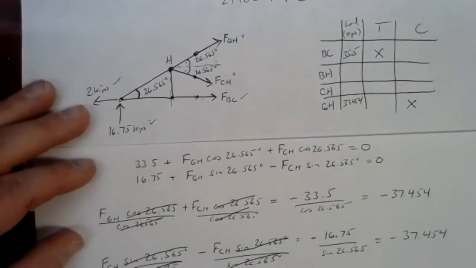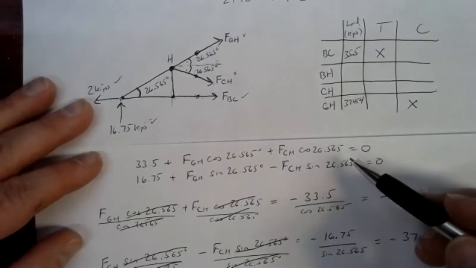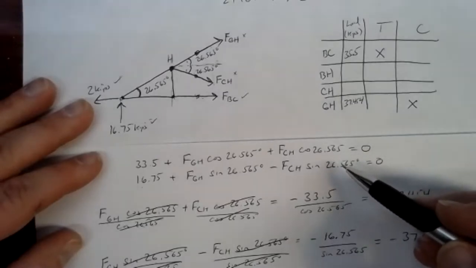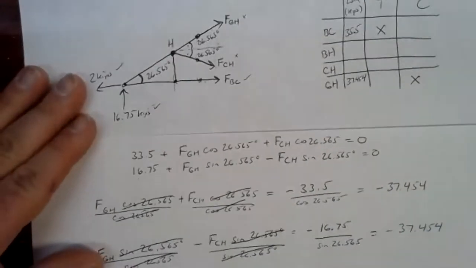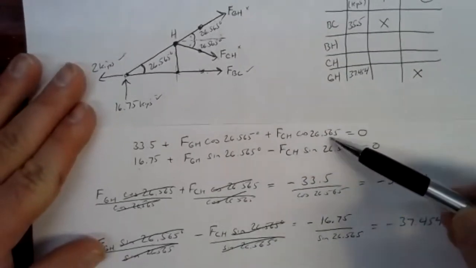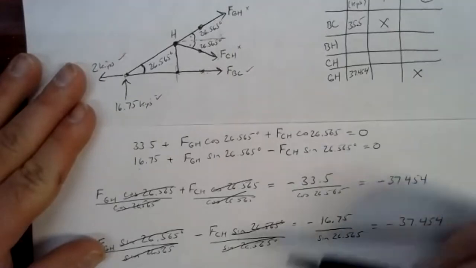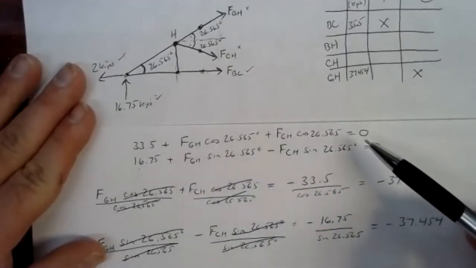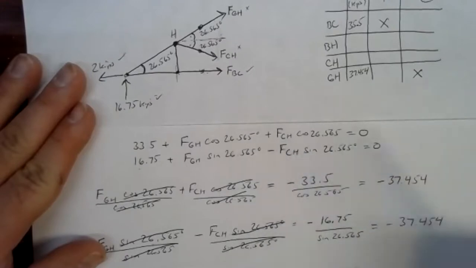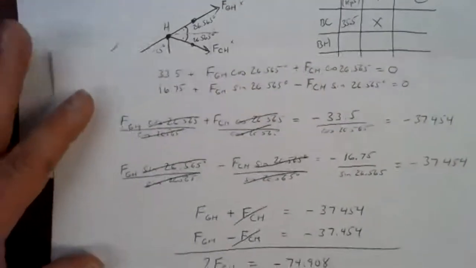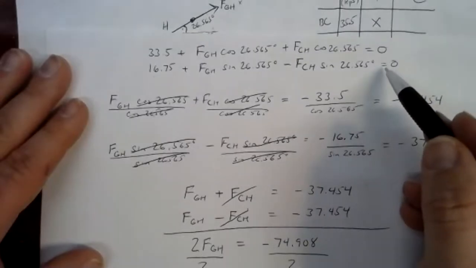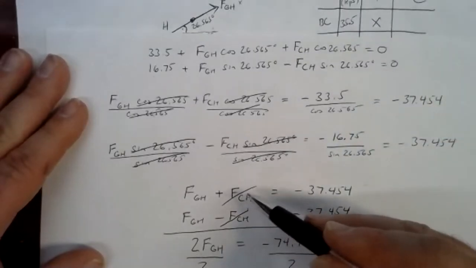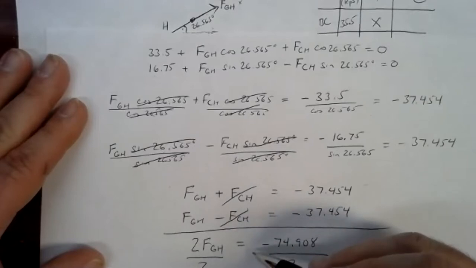Now that we know member GH, we can go back and plug in and find FCH. And if you're reasonably confident, I know the mathematicians will say, go back to the original equation, plug in what you just solved for, and calculate what you're missing. But if these are the same equations as the ones we started with, we should be able to go back and substitute into these, and it should still work.